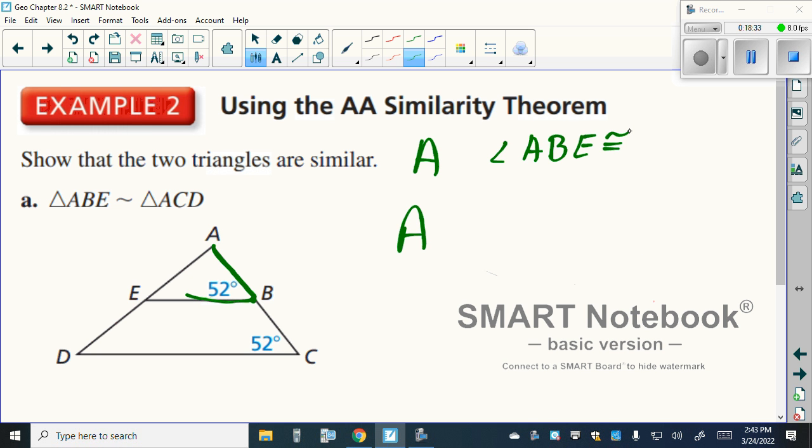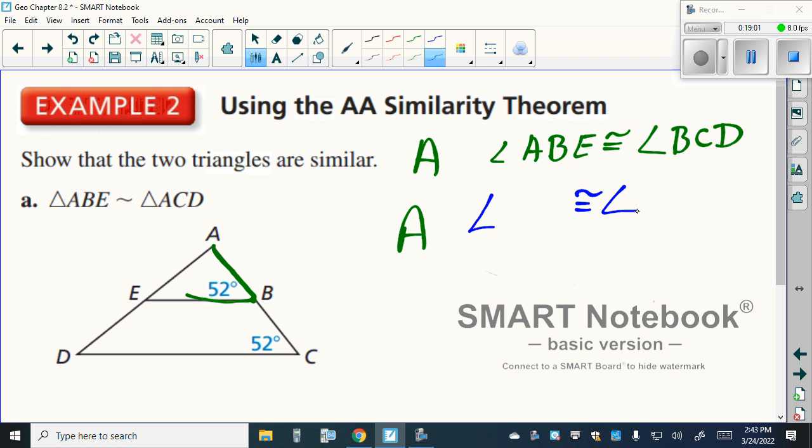But the other one that is 52 degrees is down here, yes? So we can say B, C, D. Now we do need a second set of angles that are congruent, yes? There is one.